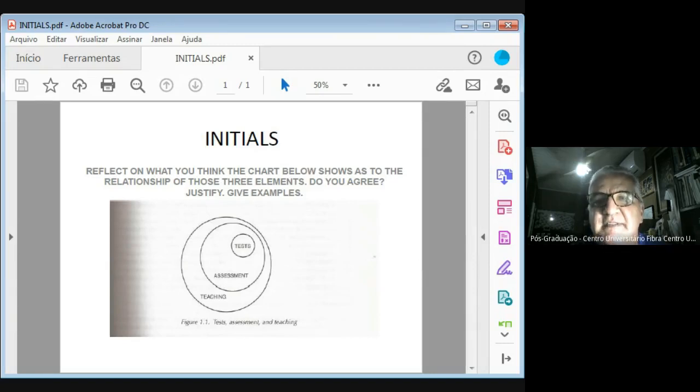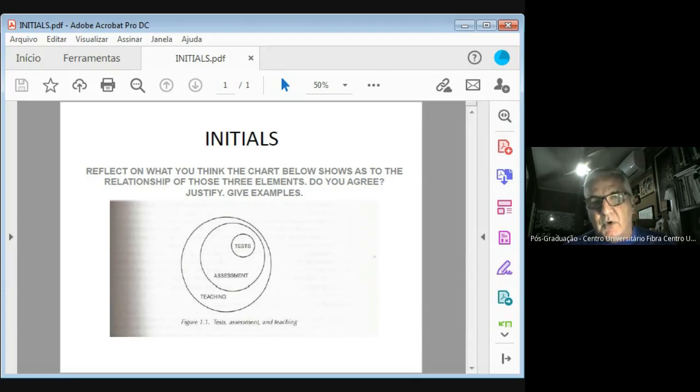They all have the same principles, okay? So when you design an instrument of assessment or an instrument of testing, you reflect on the same principles. What principles are those? What, why, when, and how.